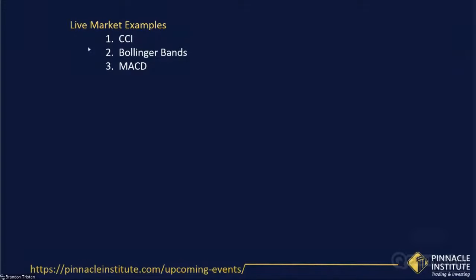Okay. So the question is, would you rather buy at the lowest low and sell at the highest high, or buy after one of these indicators or oscillators tells you when to buy? Now, don't get me wrong.